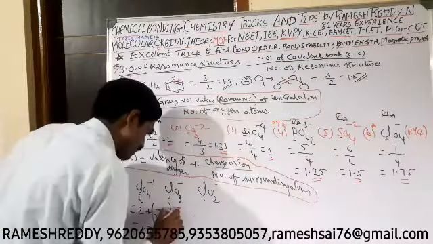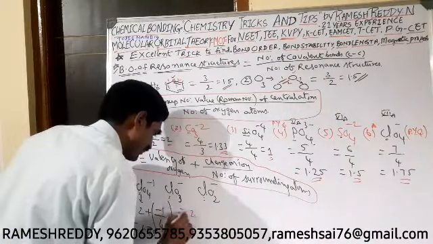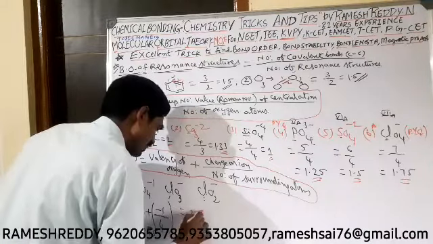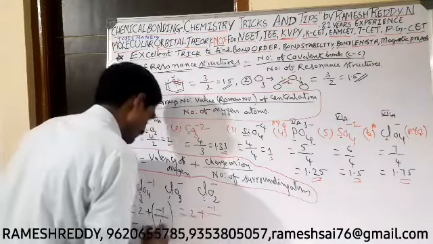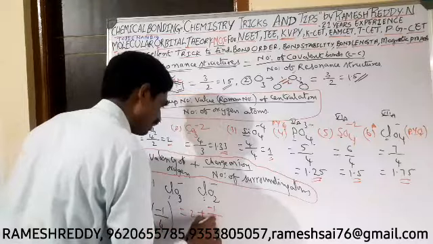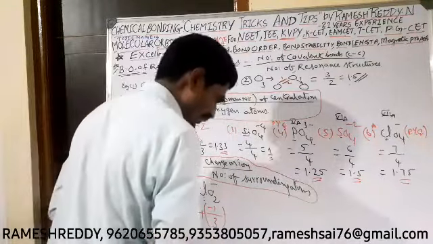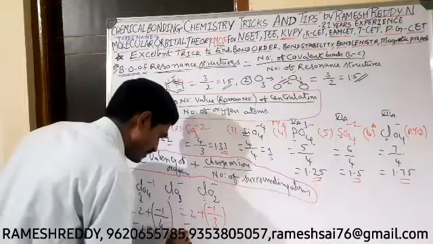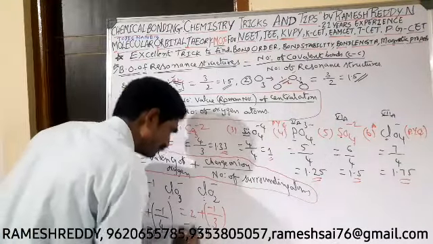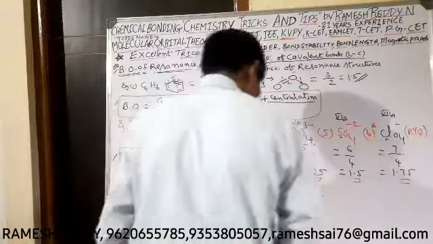And for ClO3 minus, what you have to apply? That is the valency of oxygen, 2, plus the charge minus 1, upon the surrounding atoms, 3. Then how much will you get here? You will get 1.67.